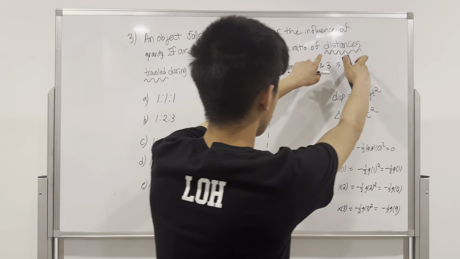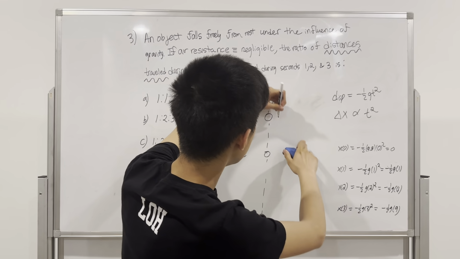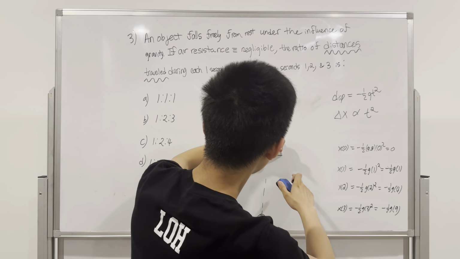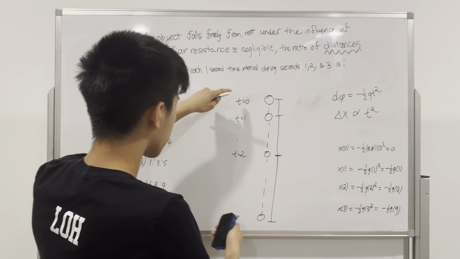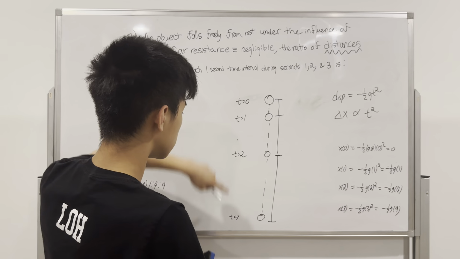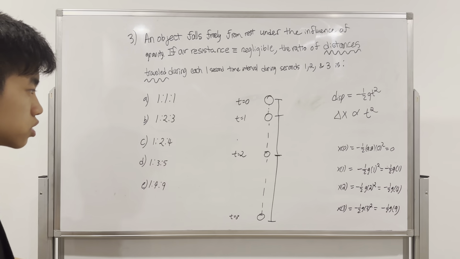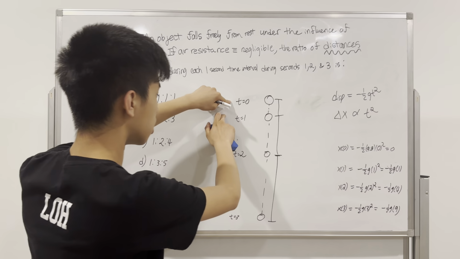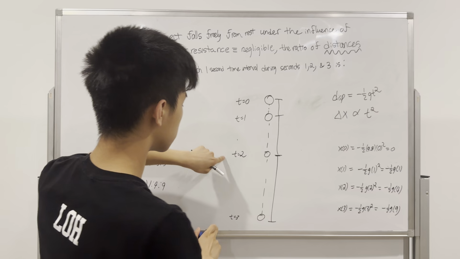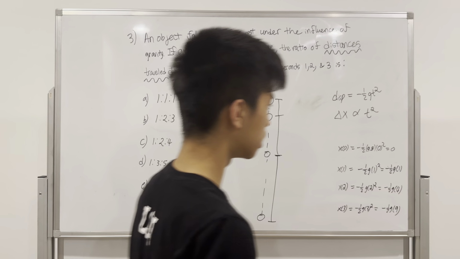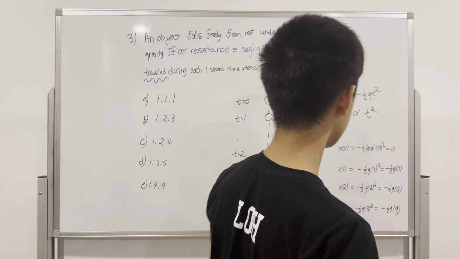What the distances are in between t equals 0 to t equals 1, t equals 1 to t equals 2, t equals 2 to 3. They're not asking for 0 to 1, 0 to 2, and 0 to 3. You're not comparing those. Rather, you're subtracting these values from each other.